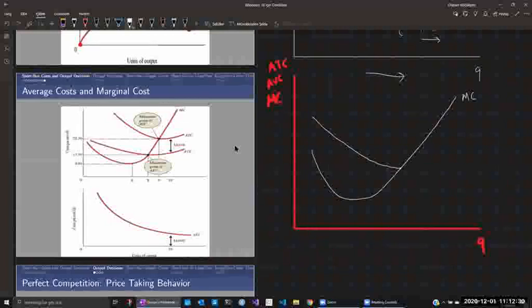Because as long as marginal cost is below the average variable cost, average variable cost should be decreasing. And after this point, when marginal cost is higher than the average variable cost, then average variable cost also starts to increase. And I also know the relationship between average variable cost and average total cost.